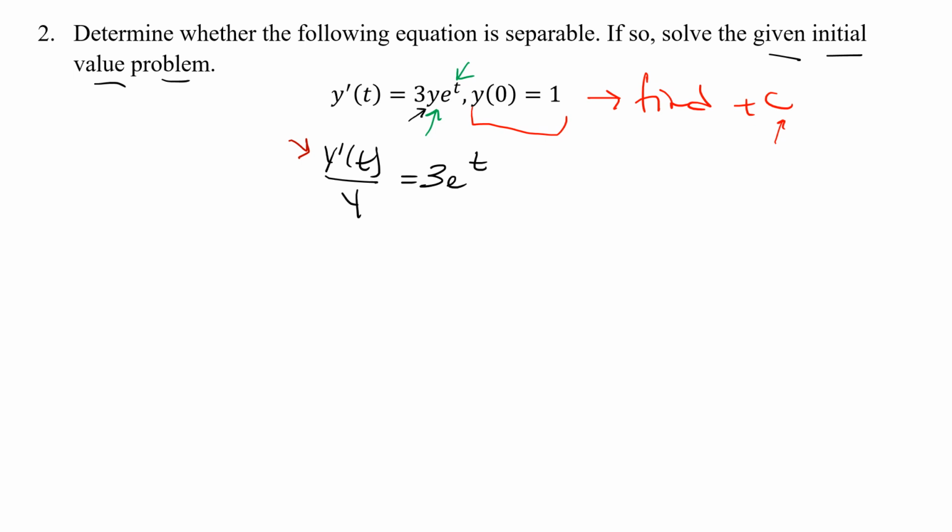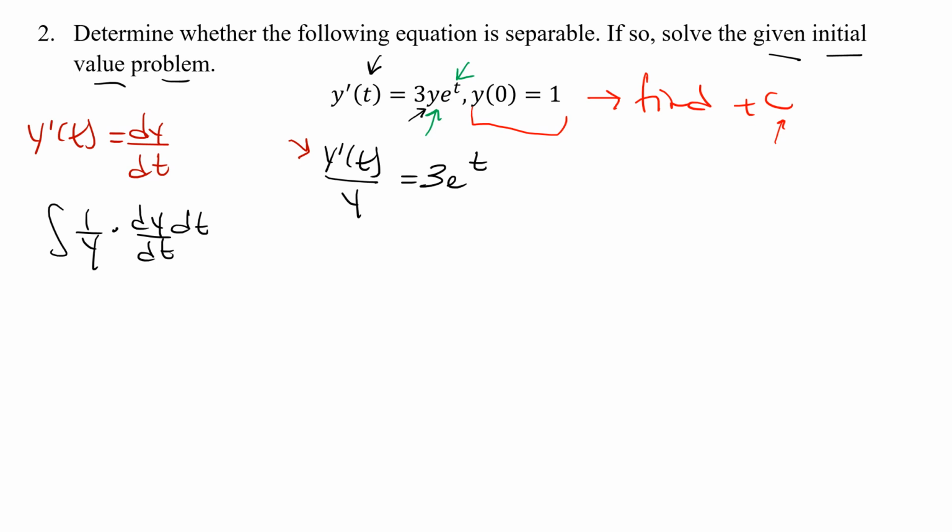Now let's see if we can rewrite this y prime. So remember, y prime of t technically just means find the derivative of the y function with respect to the t variable. So we're going to simply rewrite our integral now as 1 over y times dy dt, and then we're going to find the integral with respect to t, since that's our variable inside of the parentheses there.